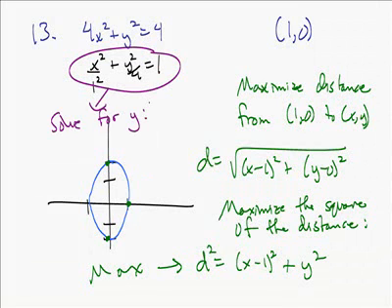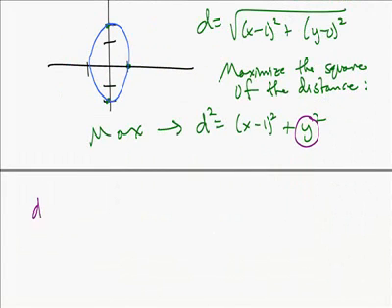And you're actually going to have two points, because when you solve this for y, you're going to get a plus or a minus when you take the square root of both sides. It doesn't matter which one you use, because when you put that into your function in for y right here, the first thing you're going to do is square it. So it doesn't matter if you use the plus or the minus. That's going to give you a distance squared function completely in terms of x.